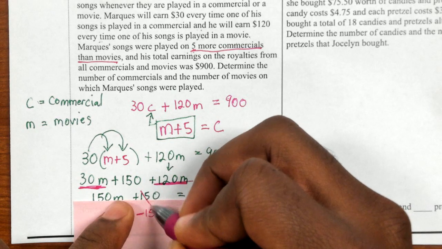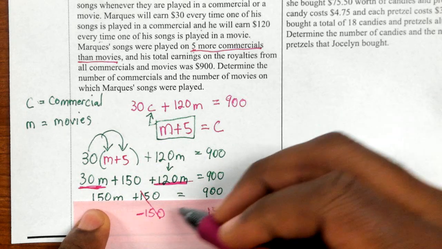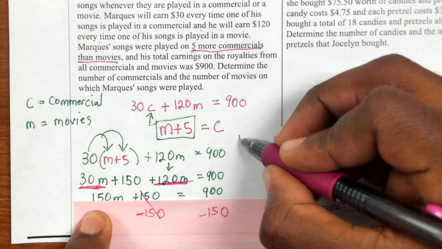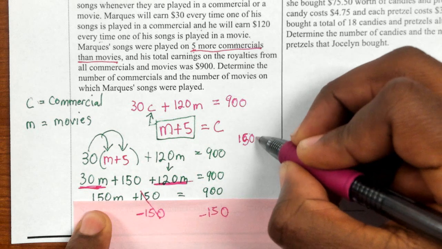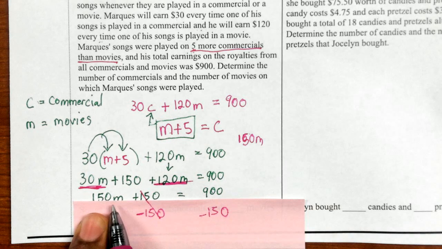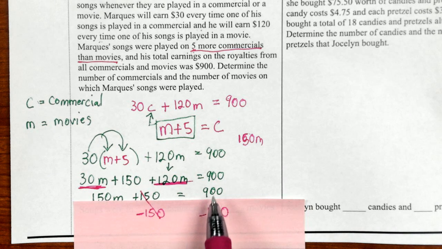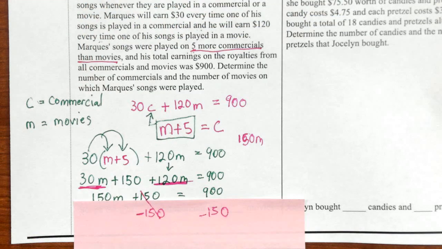So this gets canceled out, okay? And we would end up having 150M, which is what we have left on the left side, is equal to 900 minus 150. So again, you can use your calculator. 900 minus 150 will give me 750.